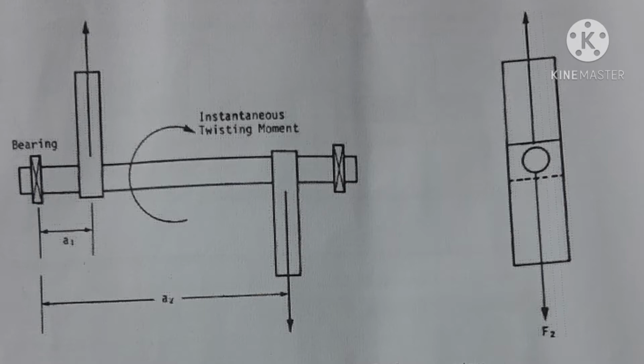Centrifugal force is noted by these arrows, F1 and F2. They are in opposite directions, but the blocks have some distance between them, therefore there will be a twisting moment or couple. Because of this twisting moment, there will be vibration in this system. You can feel the vibration from the bearings. Therefore we say it is not dynamically balanced.